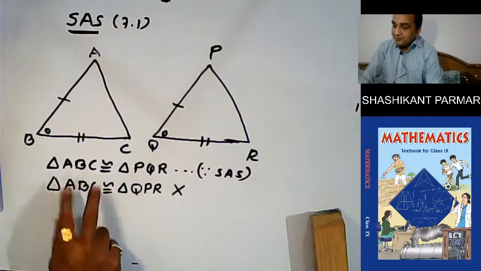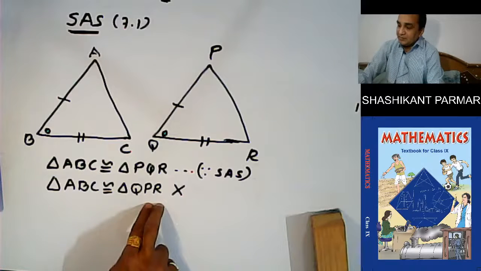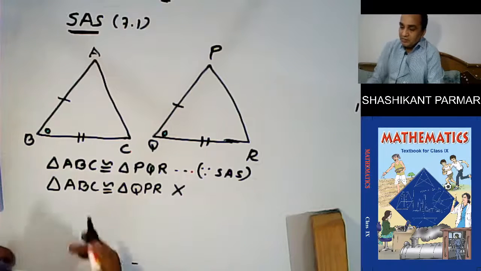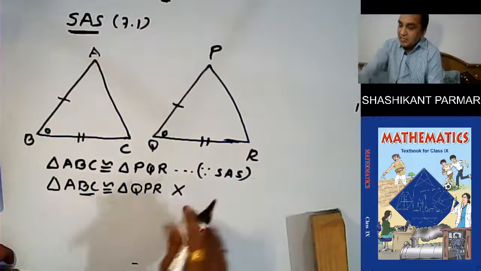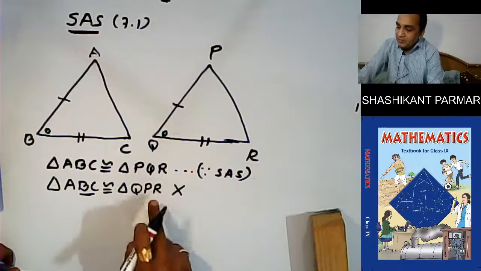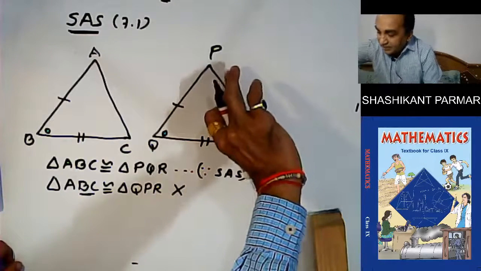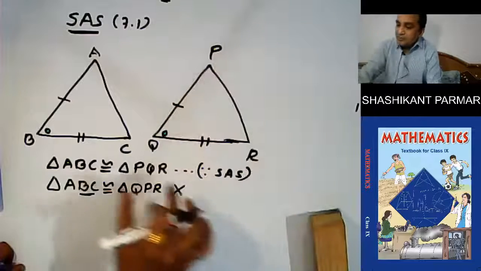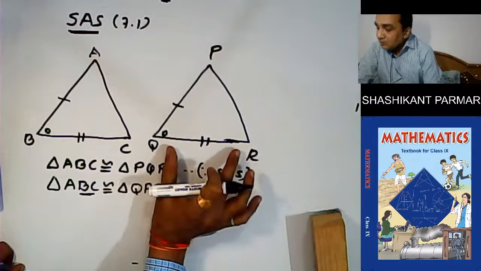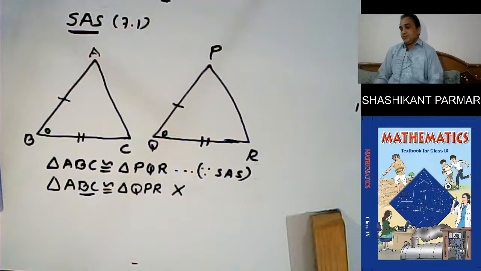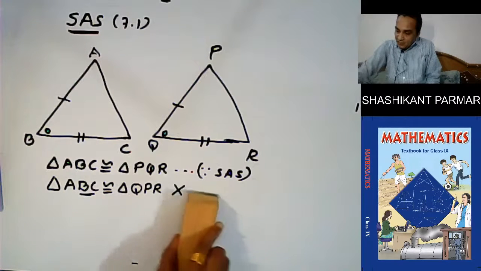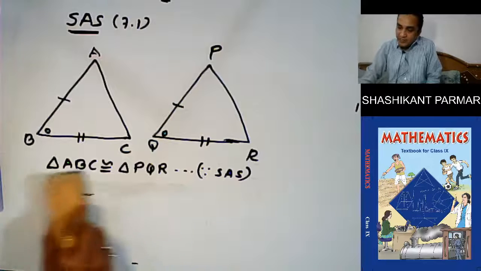Then BC and PR. But you see here, side BC is not the corresponding side of PR, because the corresponding side of BC is QR. That's why we cannot write like this.